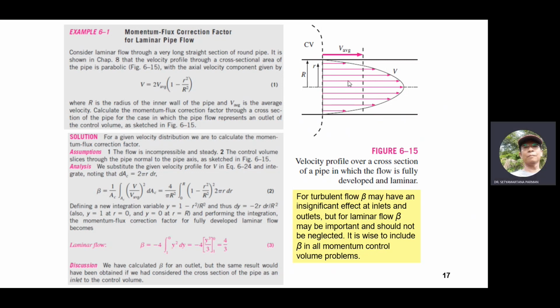For the analysis, we substitute the given velocity profile V in this equation and then integrate, noting that dAc, of course, for a circle, becomes 2 pi r dr. So we have the elemental area at a certain position from the center of the pipe.